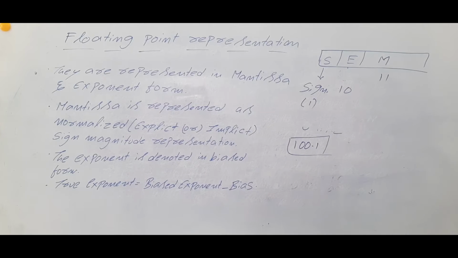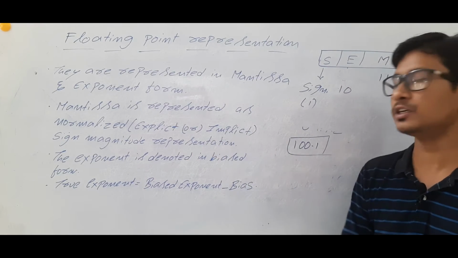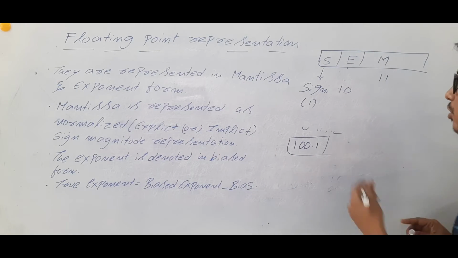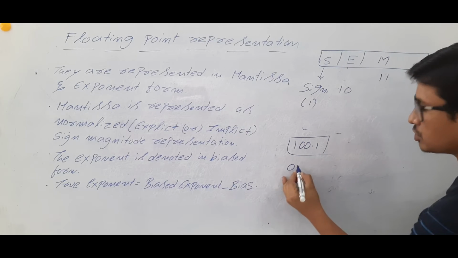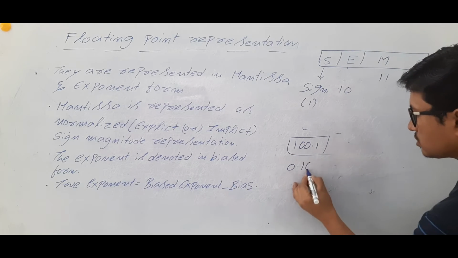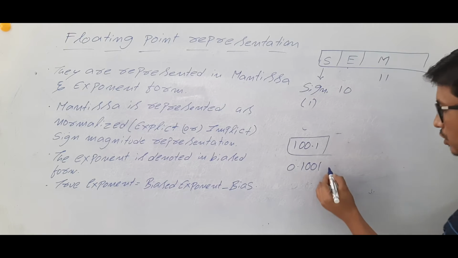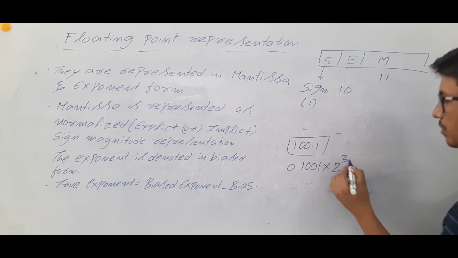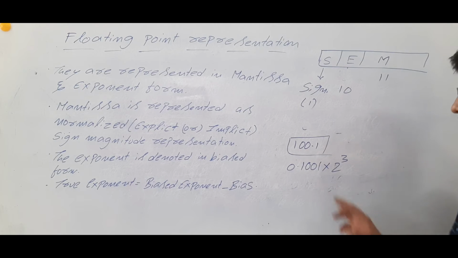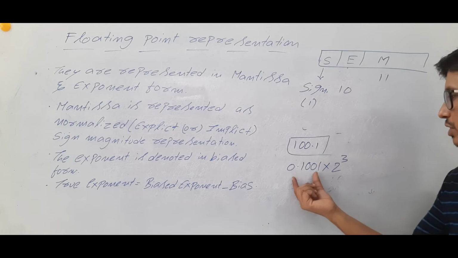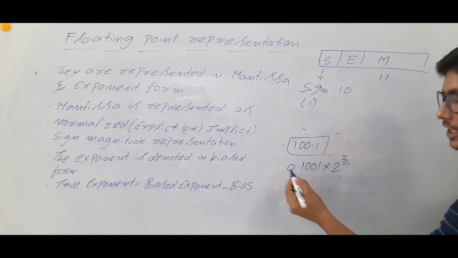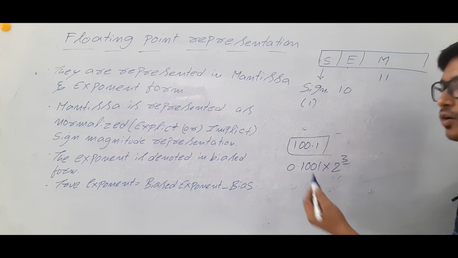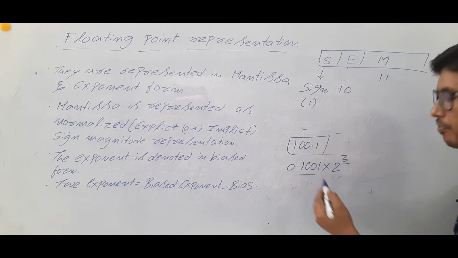Now what is meant by the mantissa being represented in normalized form? Normalized means you have to make it into 0.1001 into 2 power 3, because you have shifted 3 bits. So this is the way we will represent it. I got an exponent, I got a sign bit because it is a positive number, and this is my mantissa.